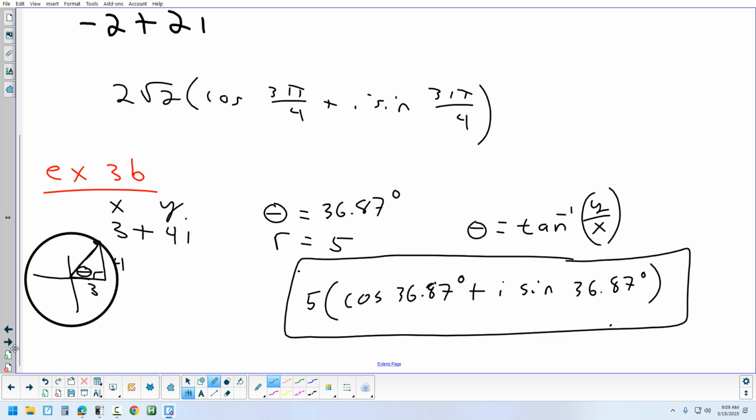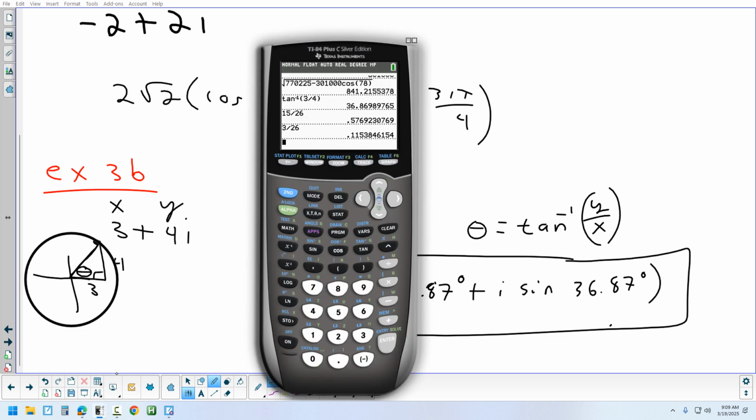So it should have been 4/3. Did I still have the calculation? Oh yeah, I did 3/4. You're right. So yeah, it should be inverse tangent of y over x. This is correct over here. It's y over x, 4/3. Thank you. Yeah, that makes a difference. I was looking at my calculator, I was like, that is not nice.